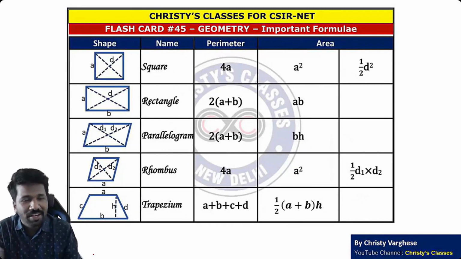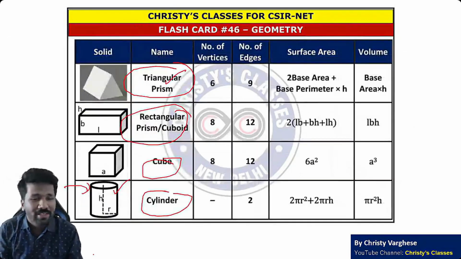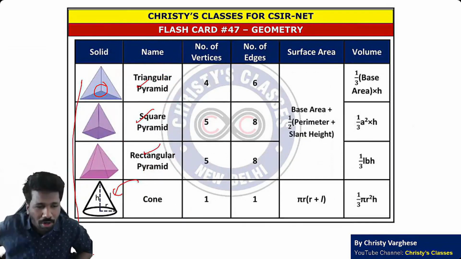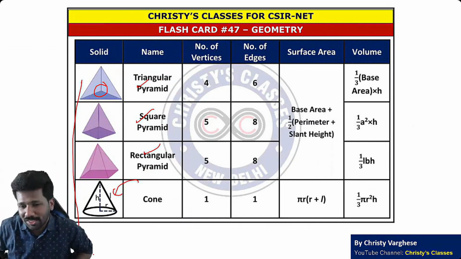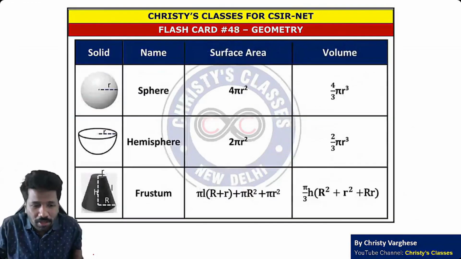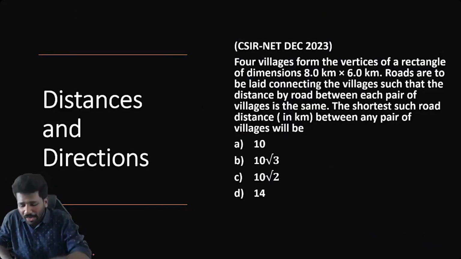That does not mean questions will be asked only from what I show you. No, I am trying to cover all areas from which CSIR can ask questions. We will not leave any area. That is the idea. Anyway, that is 3D geometry and 2D geometry.